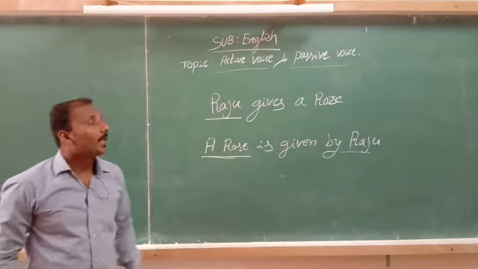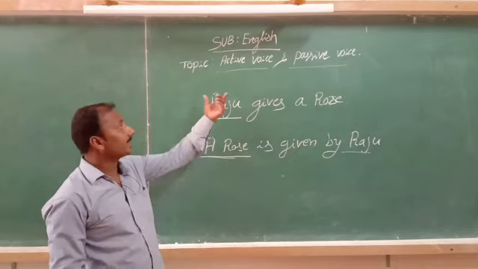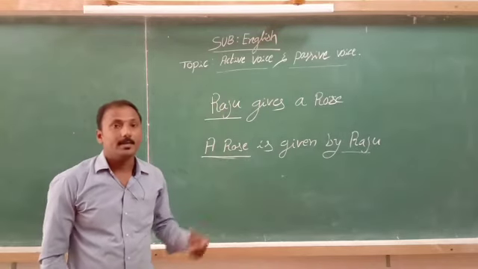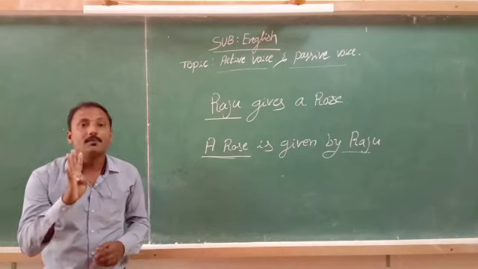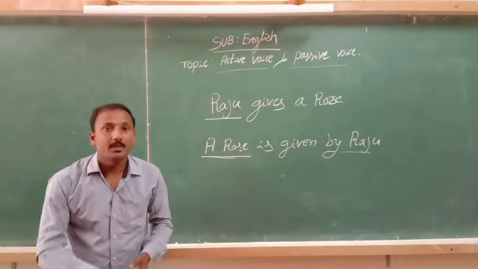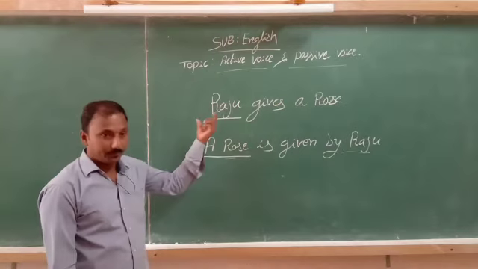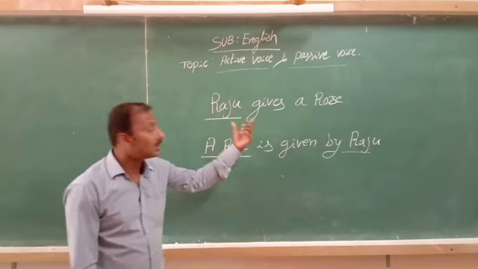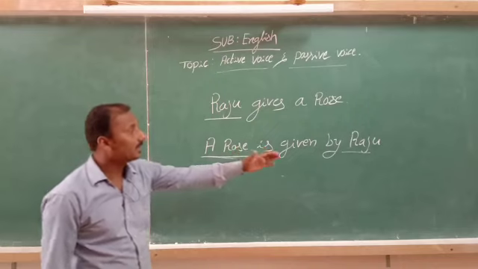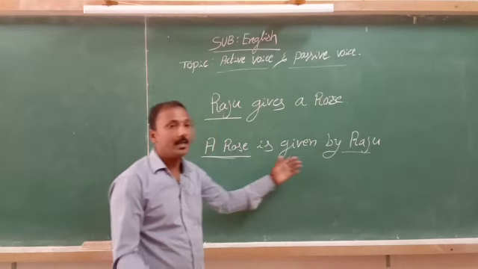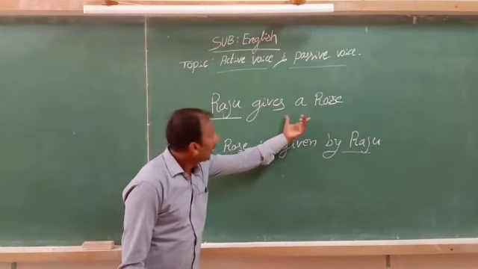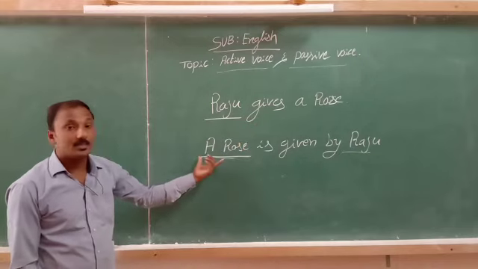Now we come to how to change an active sentence into passive. There are very easy 5 steps. The first one: the subject in the active voice becomes the object in the passive voice. Similarly, the object in the active voice becomes the subject in the passive voice.